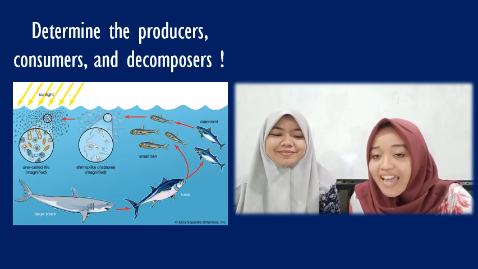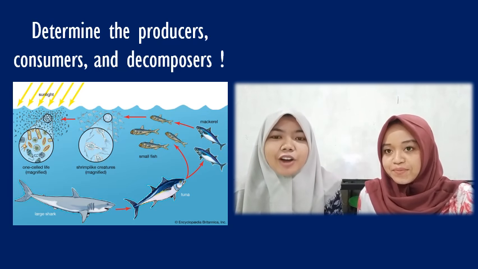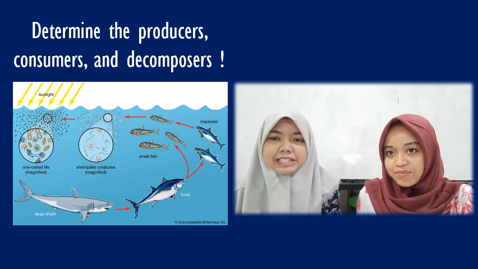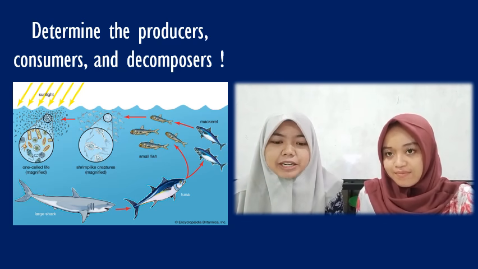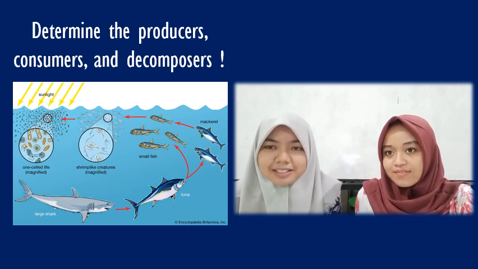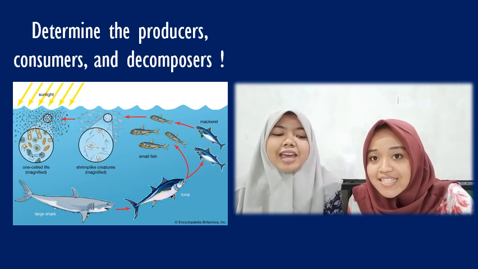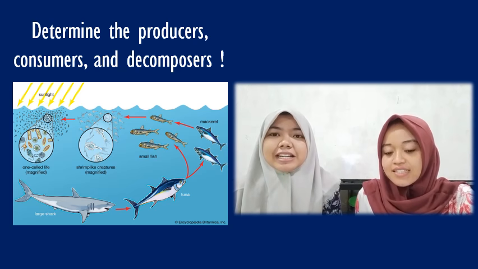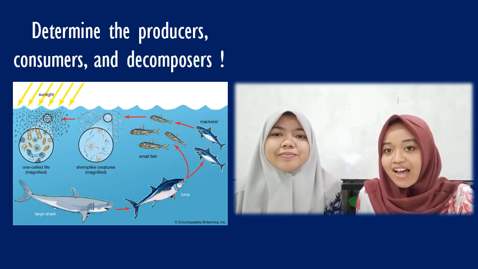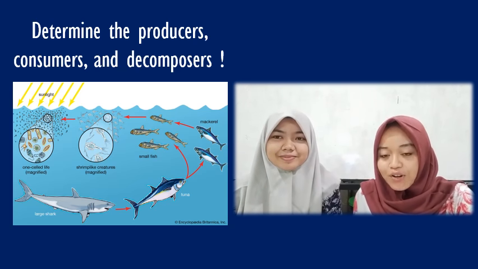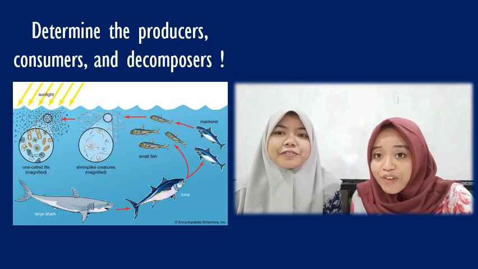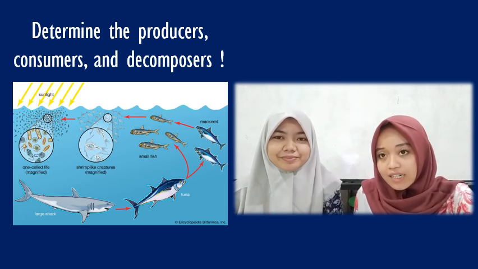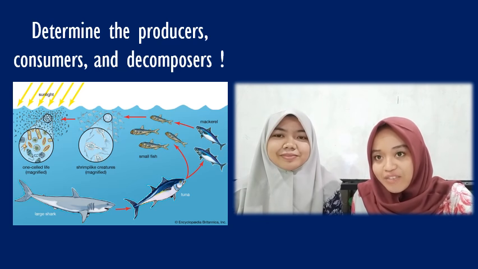The fourth consumer is the tuna fish. The tuna fish is the fourth consumer because it eats the mackerel. And the fifth consumer is the large shark. The large shark is called the fifth consumer because the large shark eats the tuna fish.